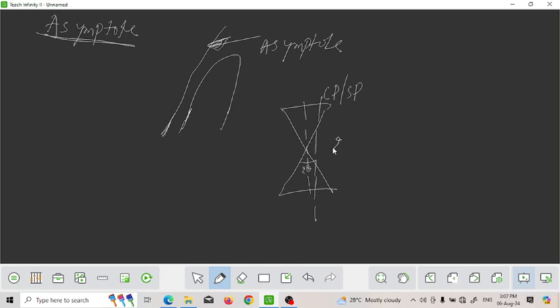So here 2 theta is not 90 degrees. Okay, and here 2 theta is 90 degrees. This is our axis.